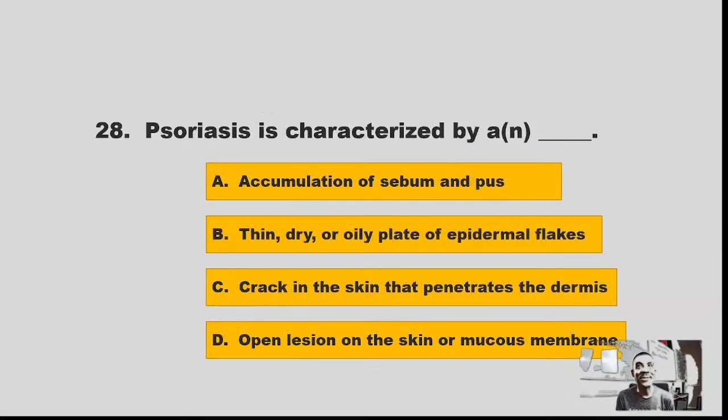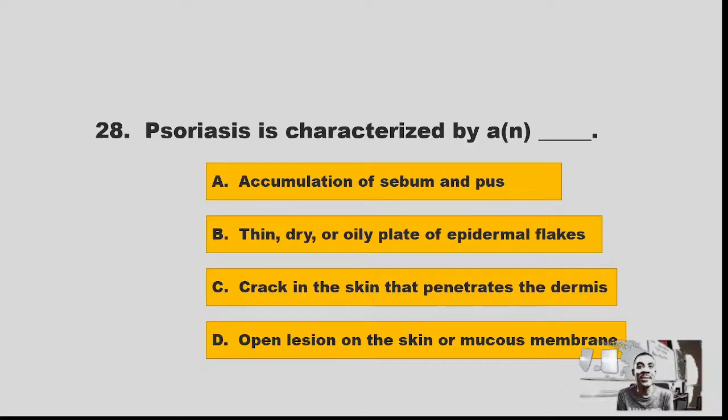You know it's coming. Here it is. Psoriasis is characterized by, A, is it an accumulation of sebum and pus? B, is it thin, dry, or oily plate of epidermal flakes? C, is it a crack in the skin that penetrates the dermis? D, is it an open lesion on the skin or mucous membrane?